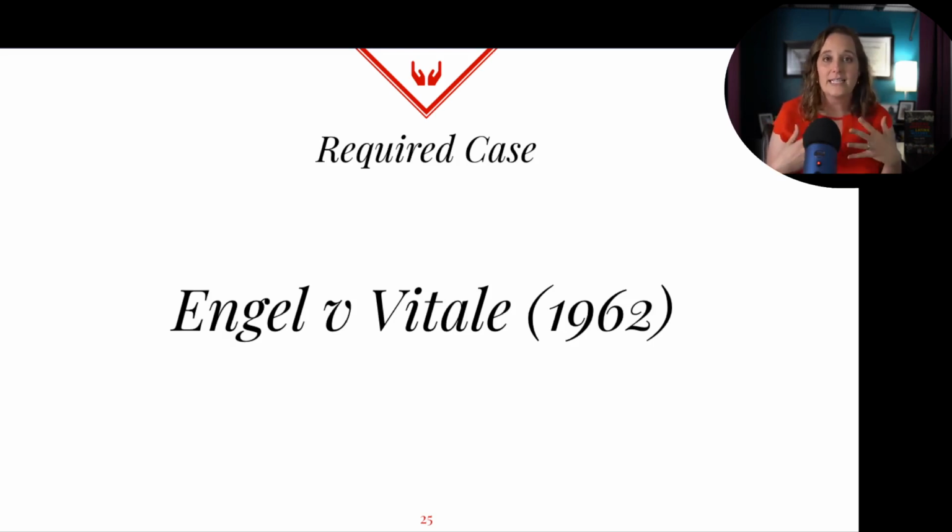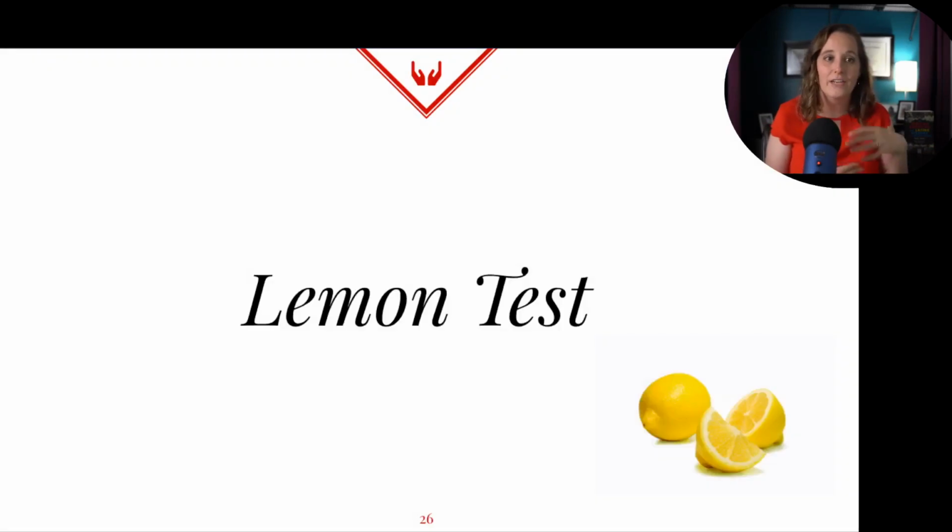Now, this is 1962. About 9 years later, the court creates what's called the Lemon Test out of a case called Lemon versus Kurtzman. This test is used by the lower courts to help determine whether the Establishment Clause is being violated. There are three things that a law must have.